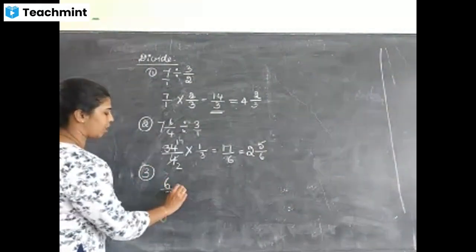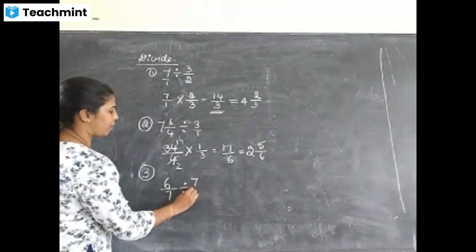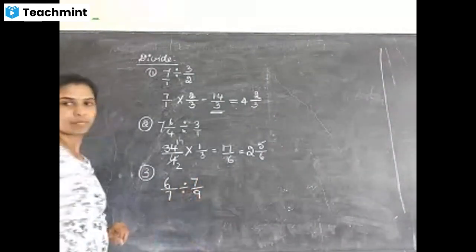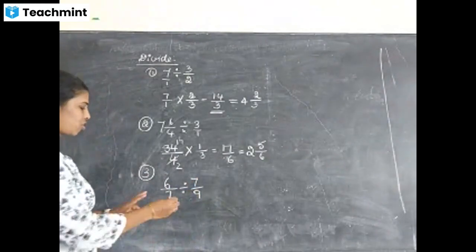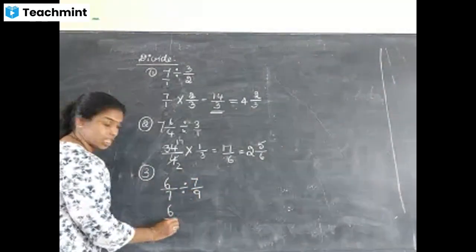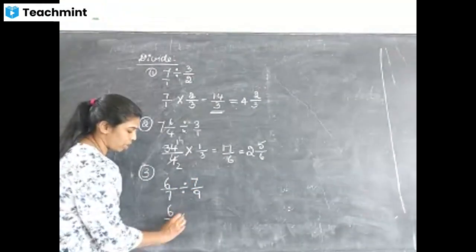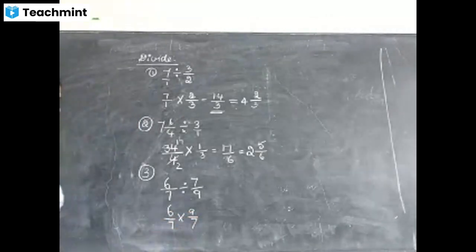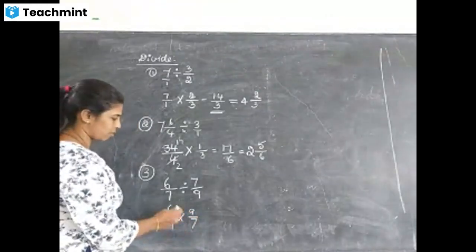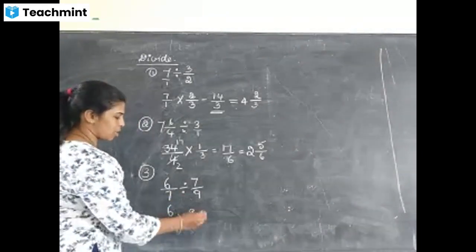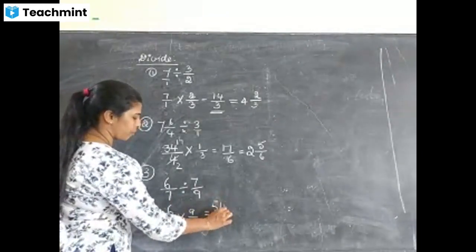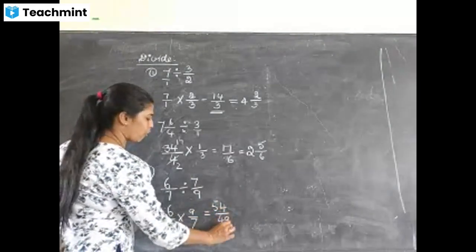6 by 7 divides 7 by 9. Okay, next step. 6 by 7, division becomes multiplication, 9 by 7. Cancellation is possible? Not possible. So 6 9s are 54, 7 7s are 49.